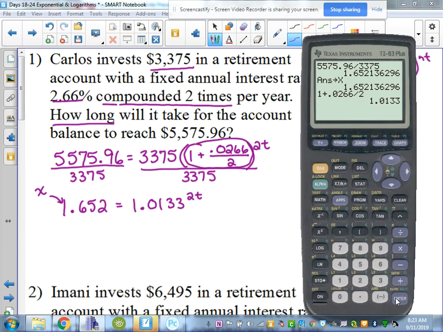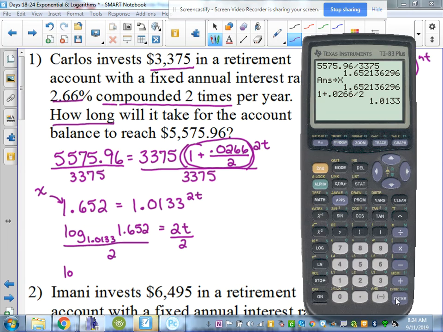But that is isolated, so that means that we go to log form. So log, the base is the base of the exponential, of the 1.652 is equal to 2T. And then to solve for T, obviously we divide the whole thing by 2.